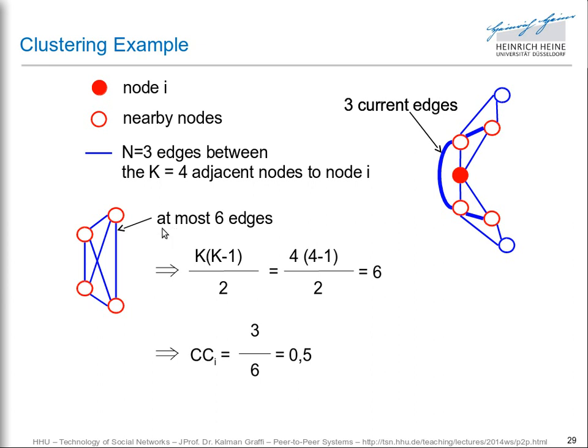And we have at most 6 edges with 4 nodes in a network. So we have a clustering coefficient of 3 divided by 6, so this is 0.5. Okay, do you have questions regarding this? Okay.